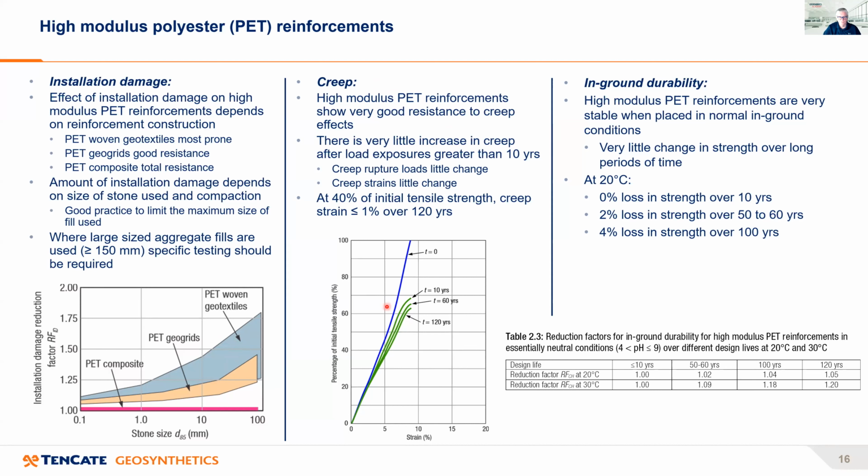And what you can see from this set of curves down below here, where I've plotted the initial tensile strength of the reinforcement versus strain, and this is at different times, different design lives. You can see at time t equals 0, which is a typical tensile test, you get the blue line here. And then the green lines are, say, at 10 years, at 60 years, at 120 years.